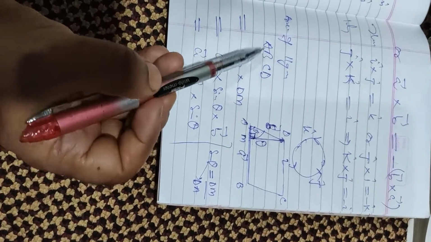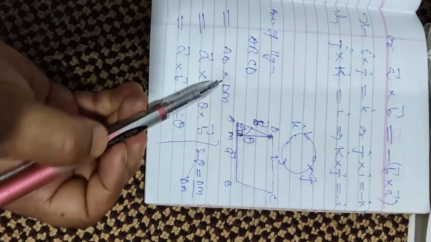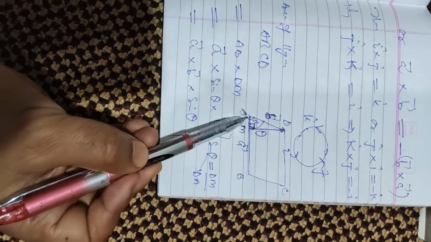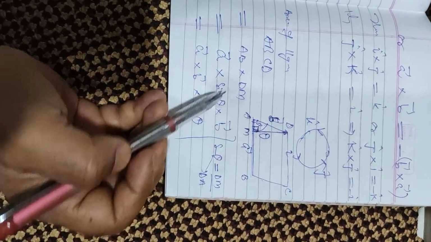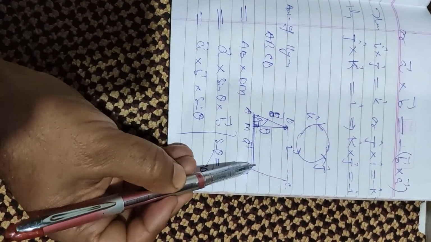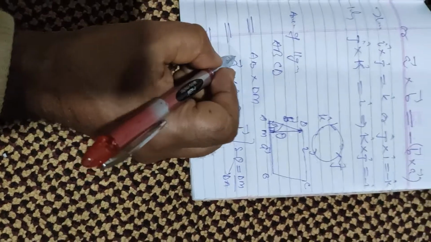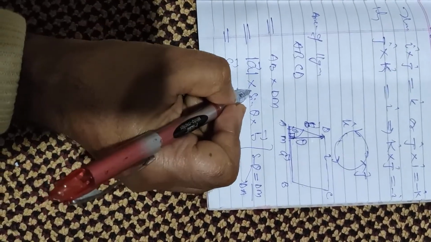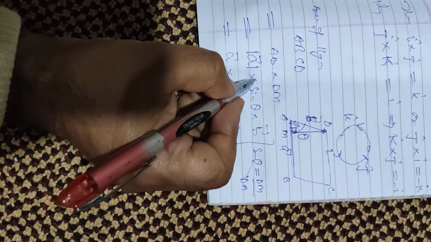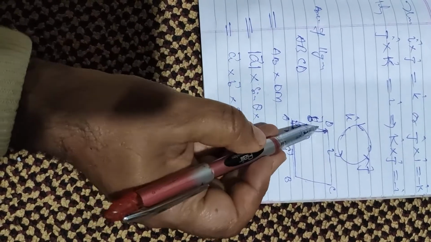Here I explained that the area of parallelogram ABCD is equal to base into height. Base means length AB, which is the magnitude of a vector, into DM.